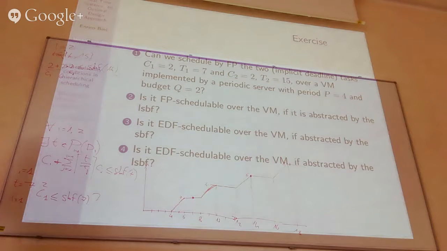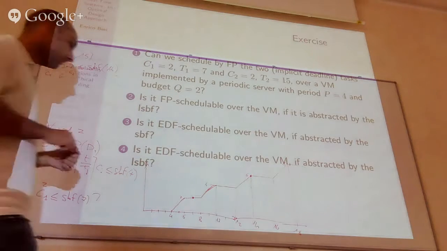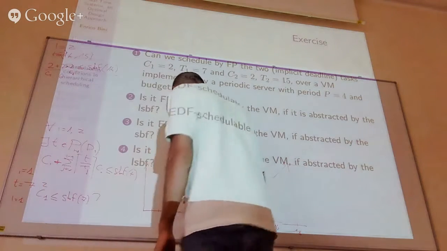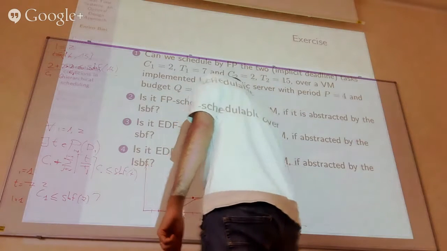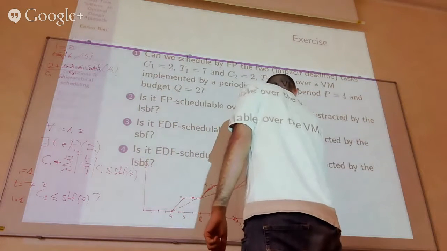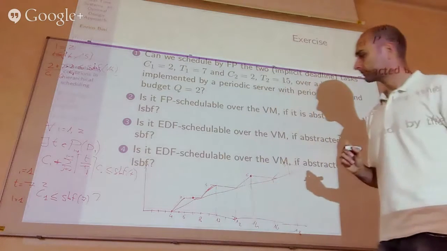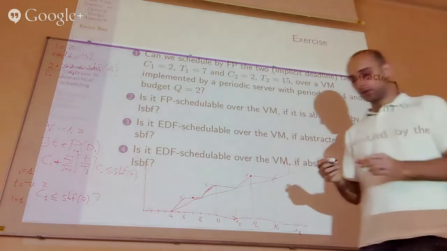Now let's check for the linear. Can we guarantee these tasks by using the linear lower bound function? Well, the linear lower bound function is something that is like this, right? Which is lower.